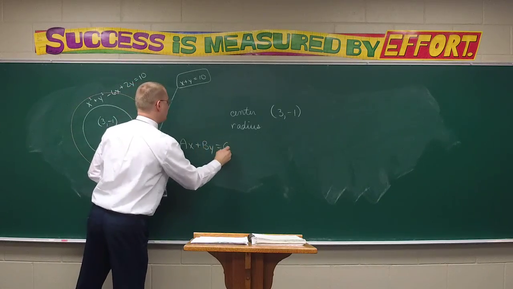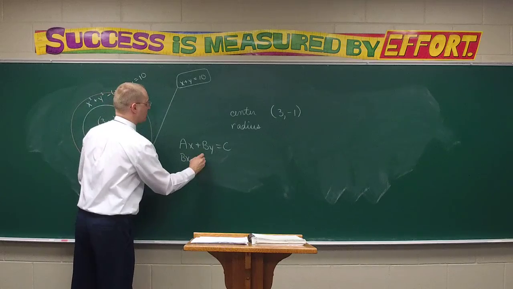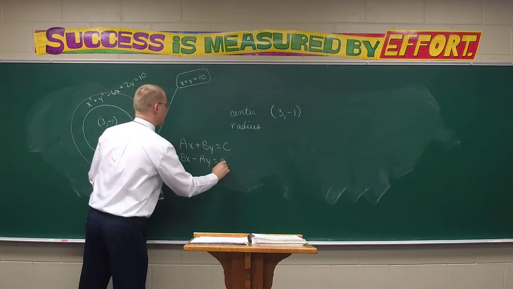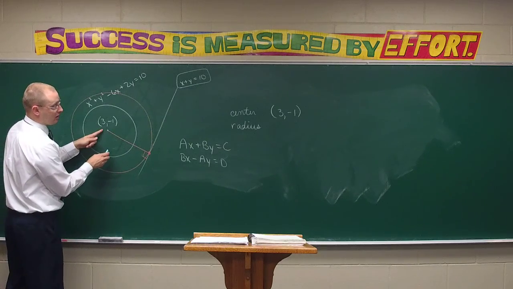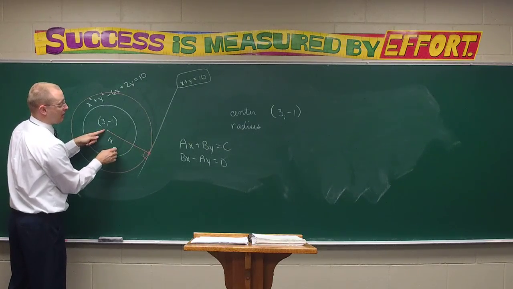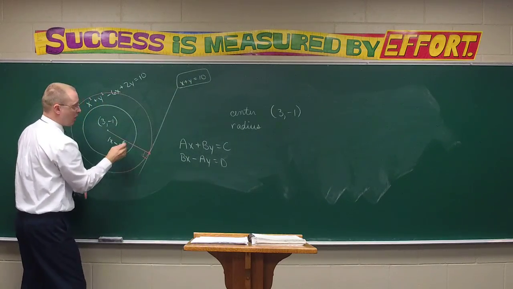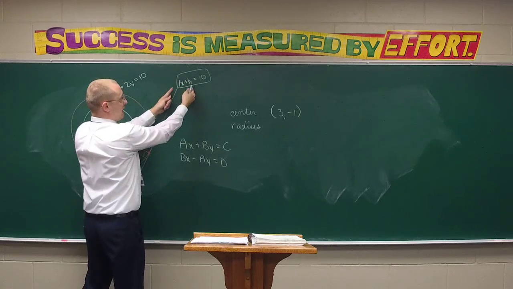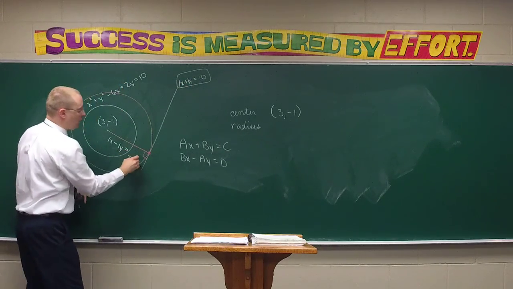Remember, if you have a line in general form, ax plus by equals c, the perpendicular is going to be bx minus ay equals d. So my line is going to be, no, 1x minus 1y. We're just changing it, because these are both 1s, right? So when you switch them, they're still 1s, but then I change that middle sign. 1x minus 1y equals something.